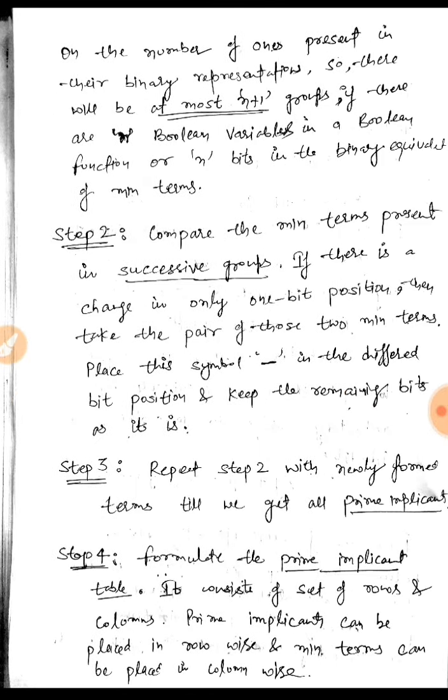If there is a change in only one position, then take the pair of those two minterms, place a dash symbol in the different bit position and keep the remaining bits as they are. So in the example, first we will arrange them in ascending order, then see the number of 1s present in them, and then make pairs of those minterms where there is a change of only one variable.